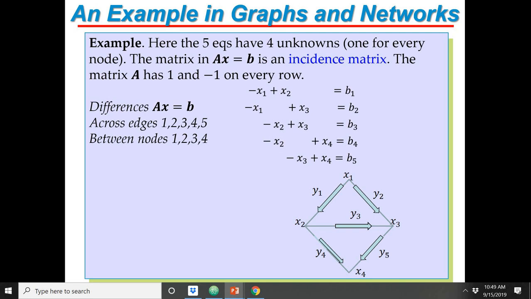And you recall from your undergraduate courses, difference in potentials basically have to do with currents. So the effect of A on the potentials x will be related eventually through Ohm's law to the currents y1, y2, y3, y4, and y5.